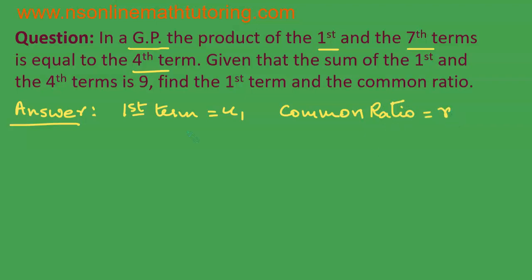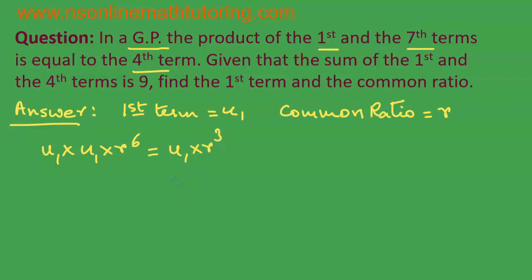Okay. So the product of the first term, that is u1, multiplied by the seventh term, which is obviously u1 times r to the power of 7 minus 1, which is 6. This is equal to the fourth term, that is u1 times r to the power of 4 minus 1, which is 3.